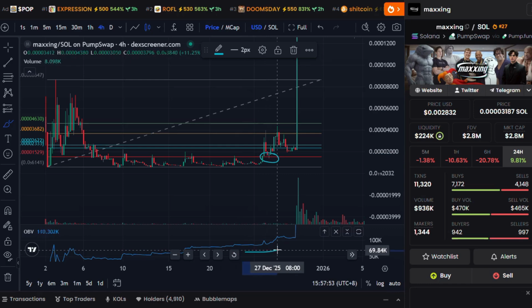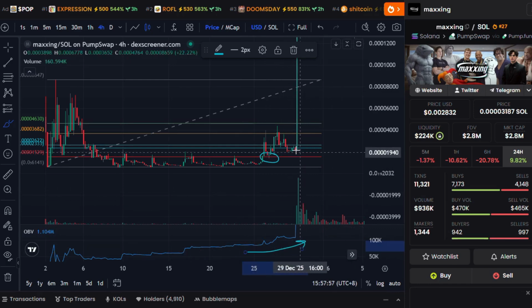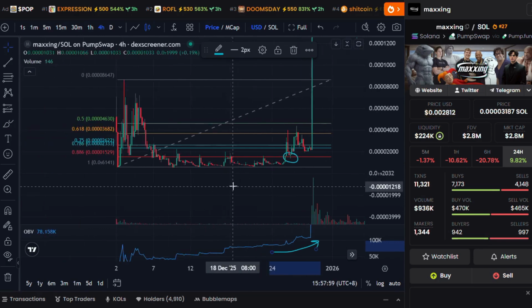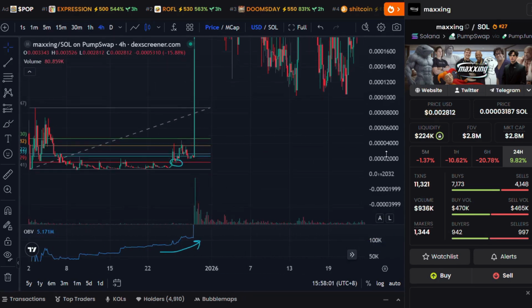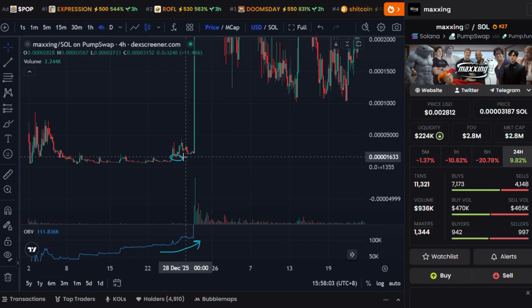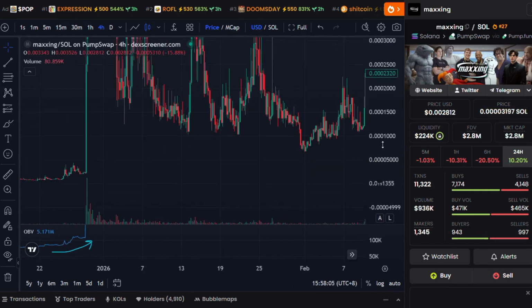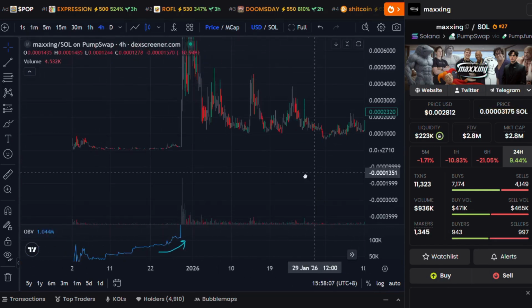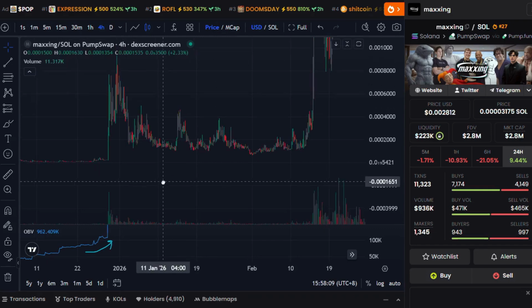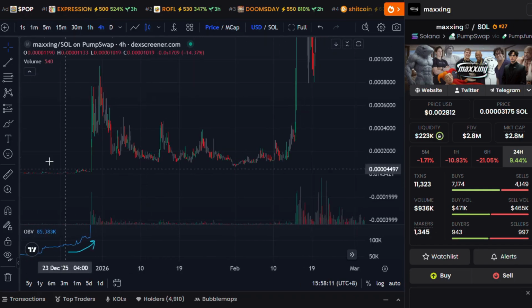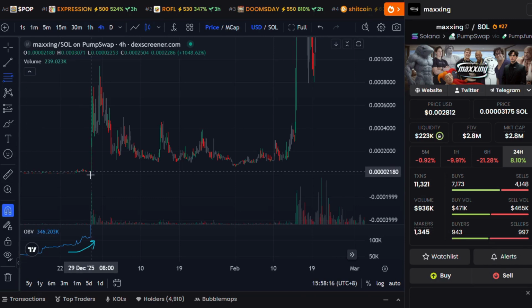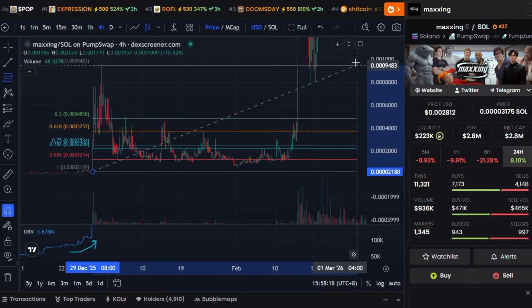And once you understand this setup, you will start noticing it appearing frequently across meme coin charts. Let's continue using the maxing example on the 4-hour time frame. As we saw in the previous chapter, price retraces deeply into the 0.886 retracement level. At this stage, many traders assume the coin is finished. They exit their positions. Or they begin opening short positions expecting the trend to collapse.